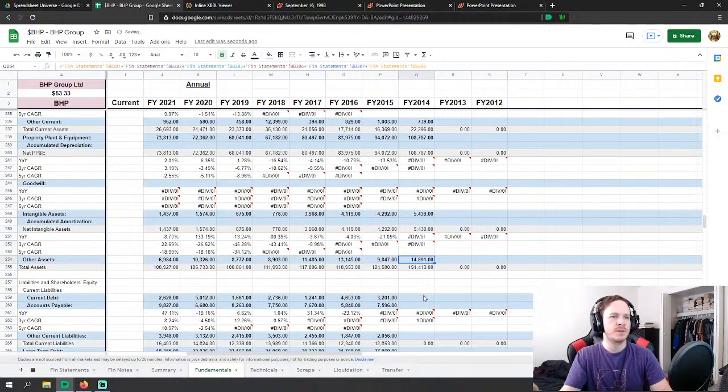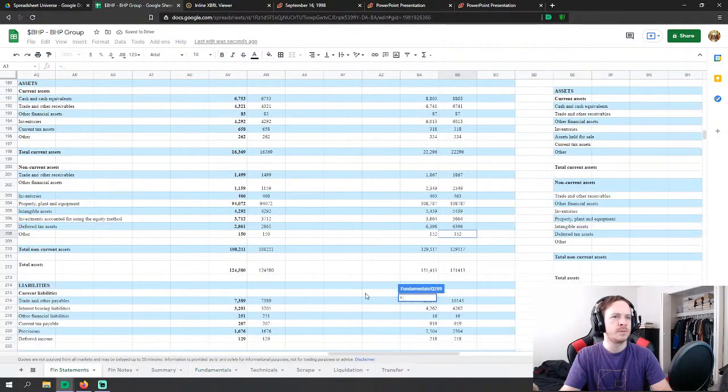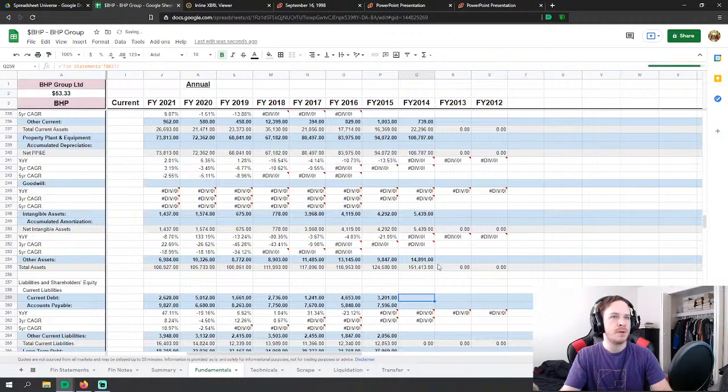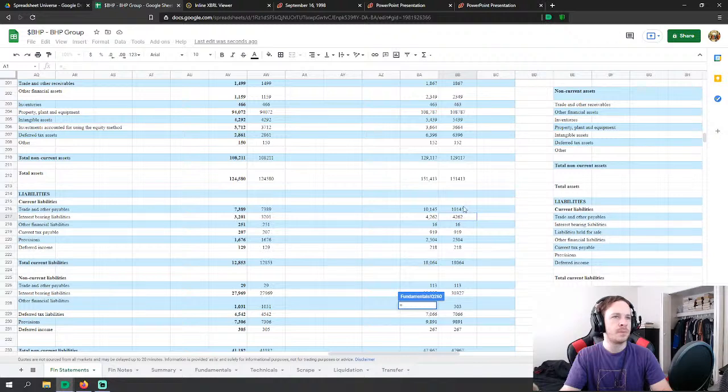Tax assets. Bearing. Payables including taxes.